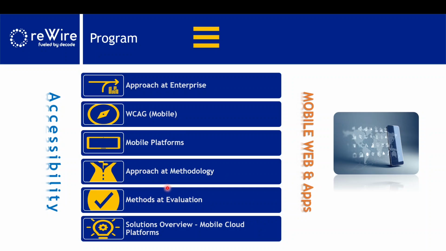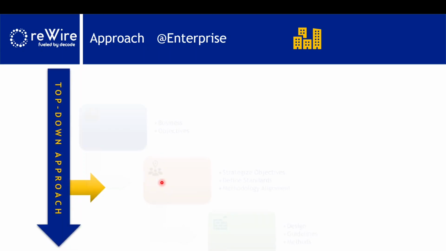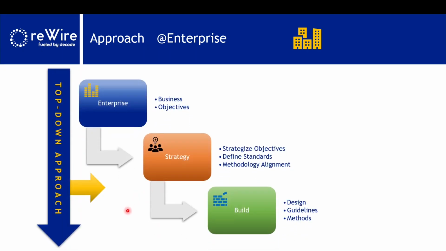Let's move ahead. For enterprise, I'm going to give a quick overview so that you can connect where I'm starting and where I'm going to end. For anything new or specific, for example accessibility, security or performance, every enterprise organization should have its own objectives and business.